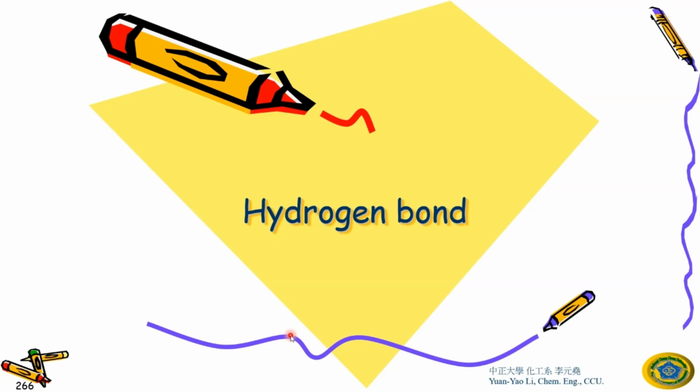So the bonding will be very, very strong, because you have a very strong negative charge region and a very strong positive charge region, since you have only one electron. Okay, if the electron moves, you will have very strong bonding.